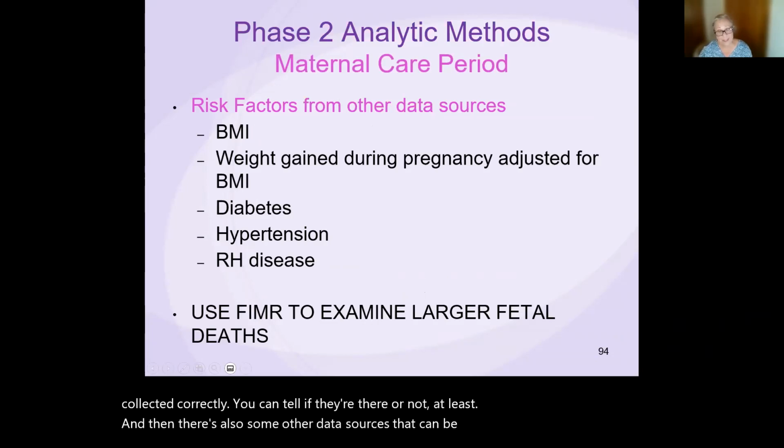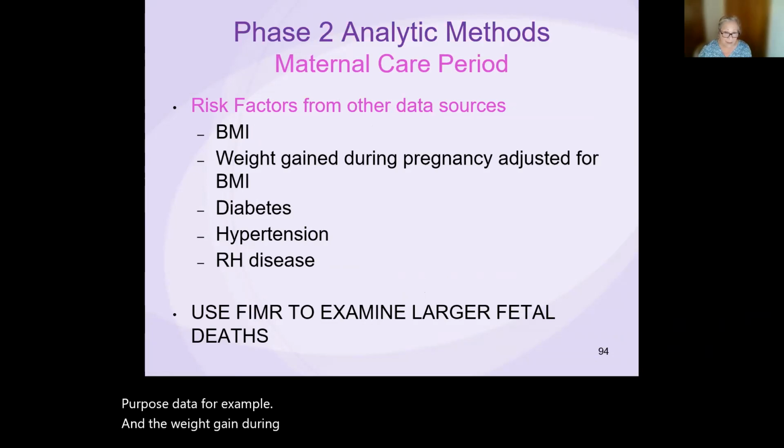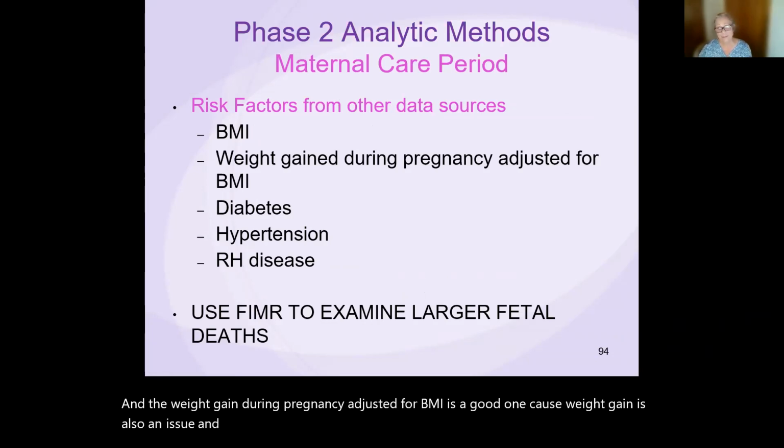BMI, you can get from PRAMS or from BRFSS data, for example. And weight gain during pregnancy adjusted for BMI is a good one, because weight gain is also an issue, and it's probably related to diabetes and hypertension. And you can also, again, use your FIMR data.